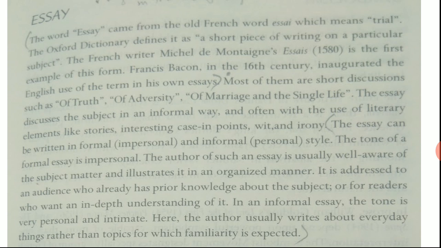So, Montaigne is the introducer of the modern form of essays in literature. Before him, the classical writers like Plutarch, Cicero, Seneca also wrote essay-style pieces. But the modern form, which we call essay, was introduced by Montaigne.